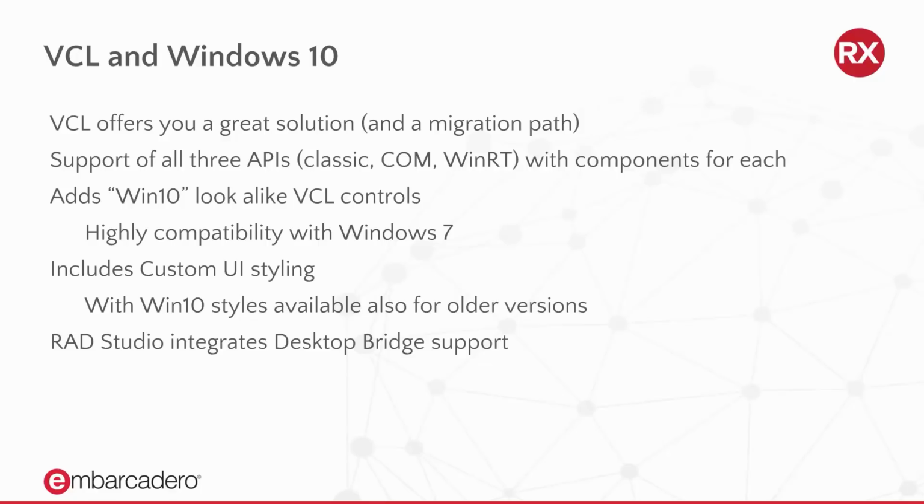It has components for each area, so not just the ability to target the API in code, but also ready-to-use components. It has controls that provide the Windows 10 user interface and user experience, but they're built on VCL, so they also run on Windows 7. And similarly, through custom styling, you can adopt a Windows 10 style and deploy the Windows 10 style and the Windows 10 experience also on Windows 7.